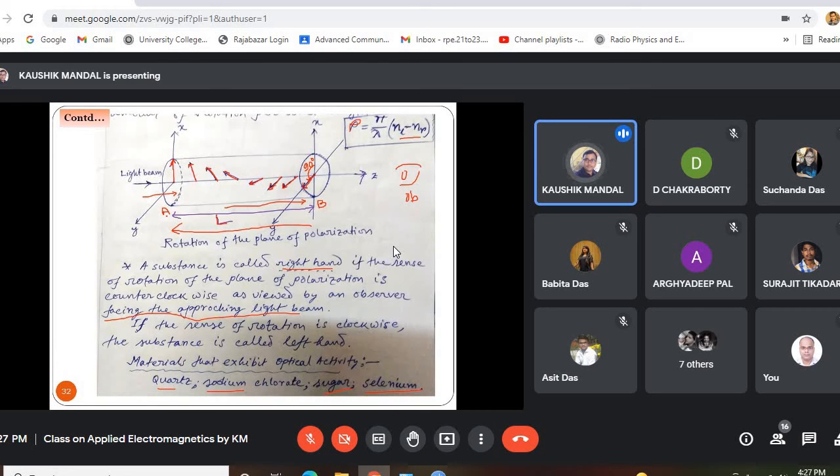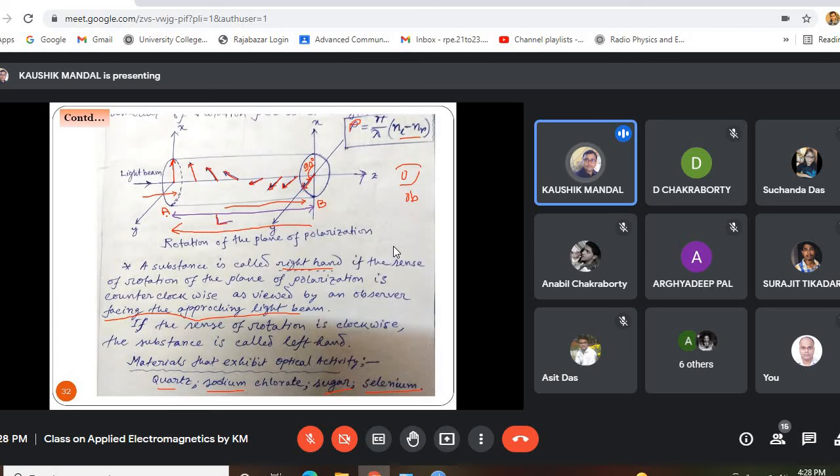In case of optical activity, what happens? The direction of rotation basically bears some kind of fixed relation with the direction of propagation. That's why if the beam of light or beam of electromagnetic wave is reflected back to the starting point, then what should be the net rotation?